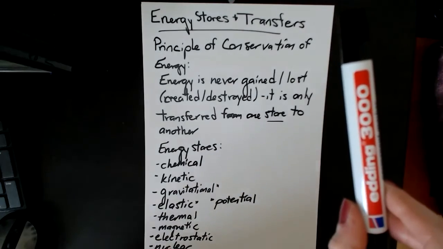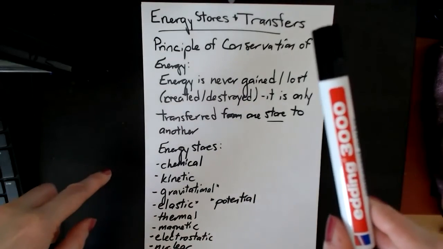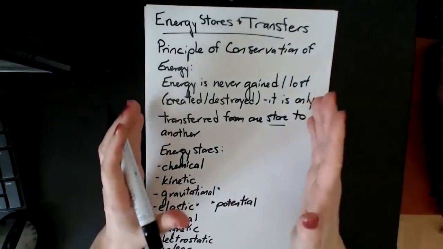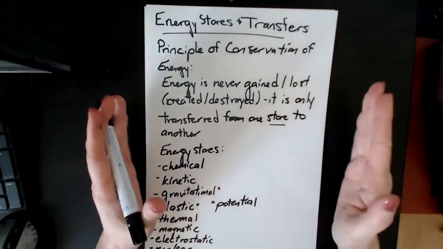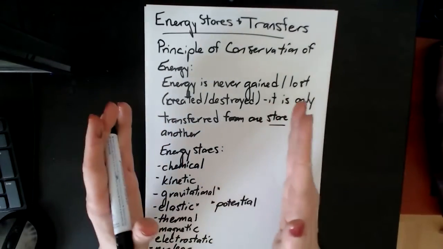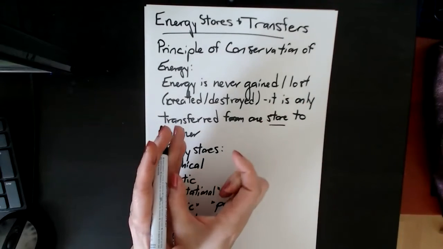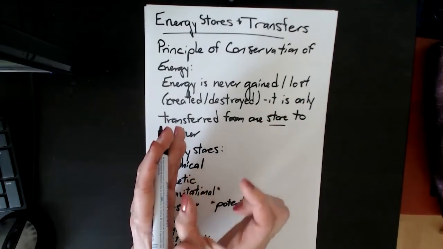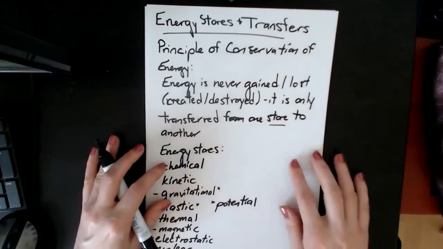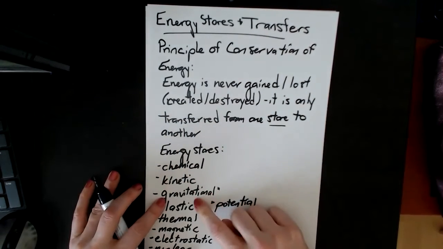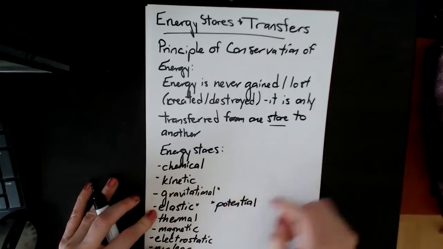If I drop it, it picks up movement energy. The same goes for elastic potential energy. If you squeeze a spring, I'm exerting force, using chemical energy or kinetic energy to do that, and then the spring itself has elastic potential energy within it. So often we don't talk about gravitational energy store as much as gravitational potential, and the same with elastic potential.